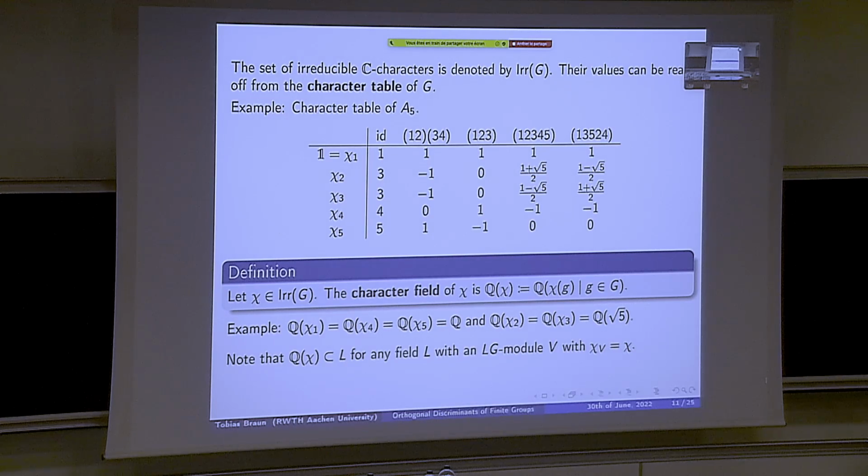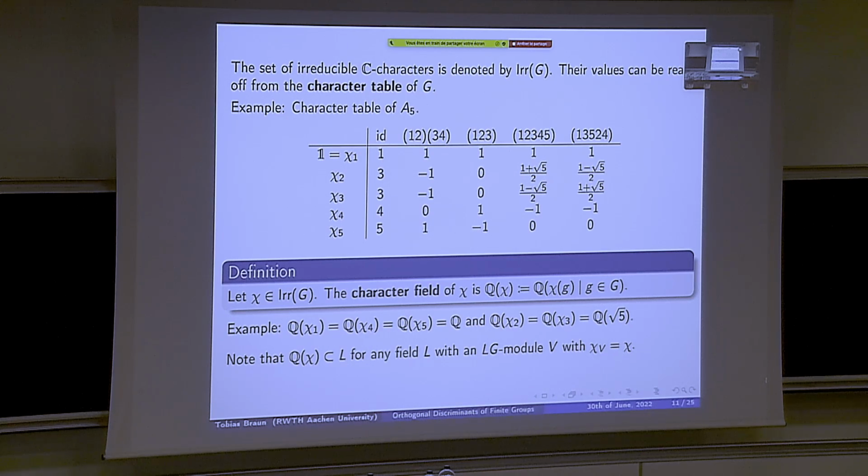And now one important property, and why the character field is interesting for us, is the following. If you have any field L with an LG module V that realizes this character, so you have a field L and a module there that has a prescribed character chi, then you know that the character field is contained in L. Simply because if you think about this in terms of matrices, then you have matrices over L, and the trace of these matrices is the character.